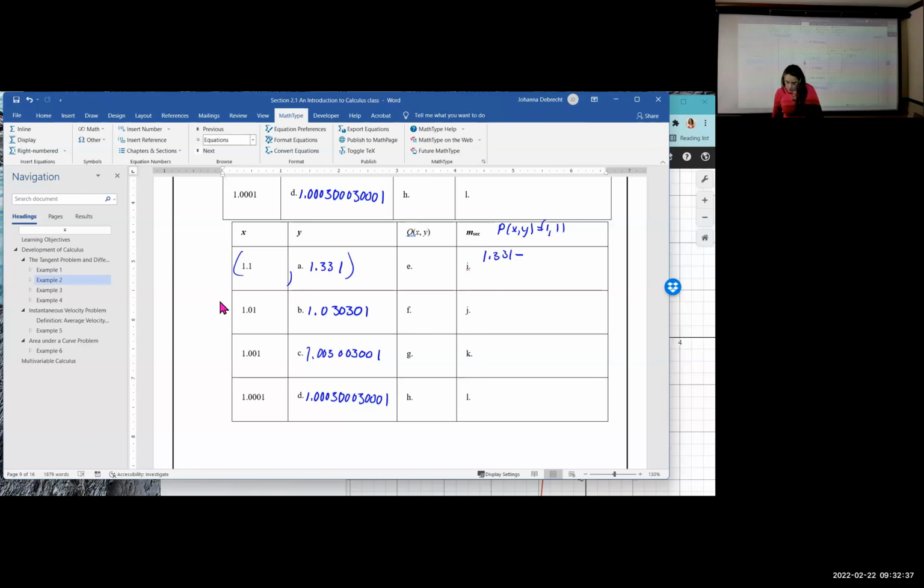So we have 1.331 minus 1 over 1.1 minus 1. All right, the x value minus the x value of the other one. Make sure when you're doing this that you line them up coming out of the same ordered pair. So this is going to give me 0.331 over 0.1, which is about how much? So I will let you guys do the number crunching.